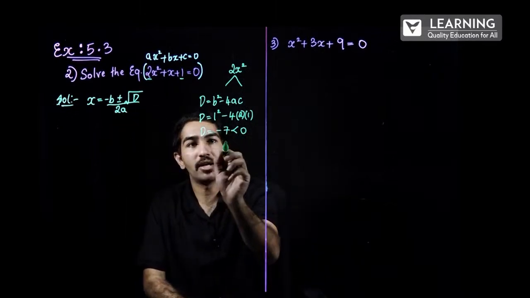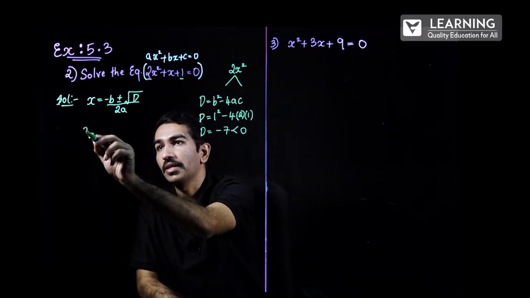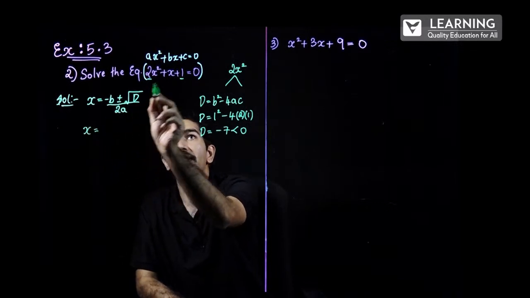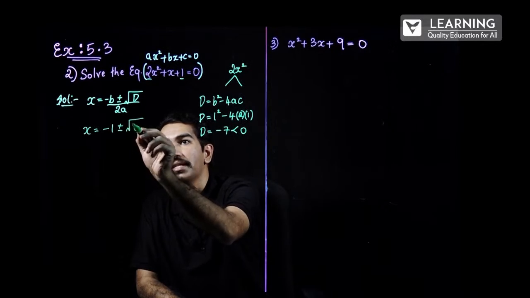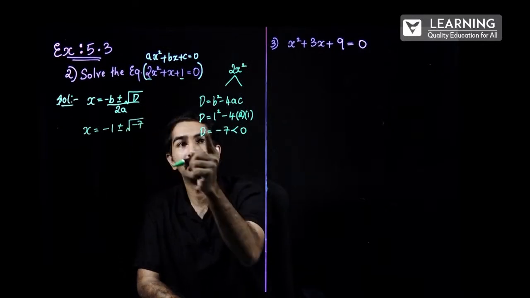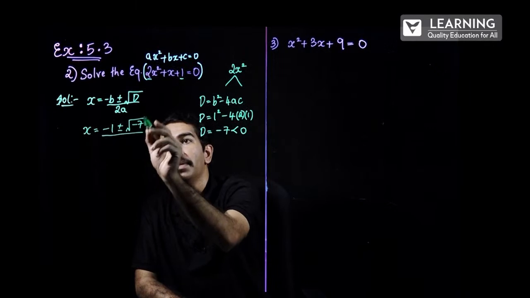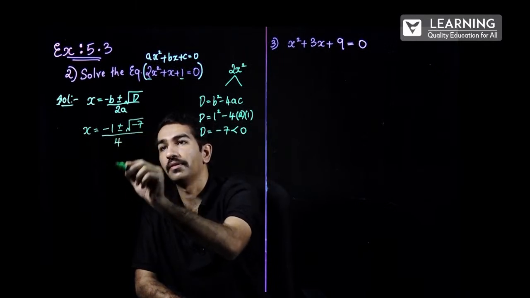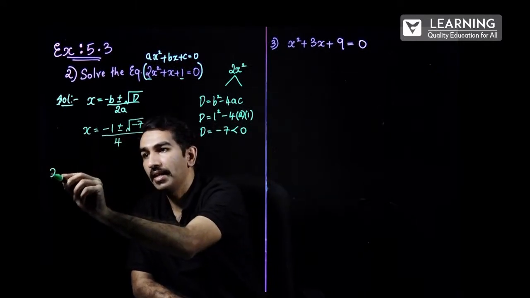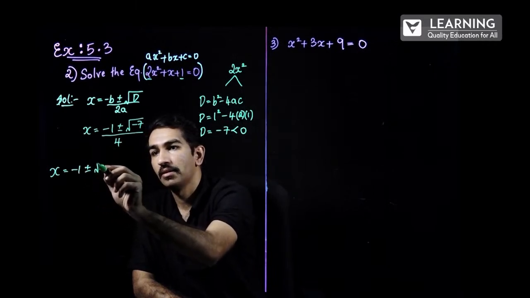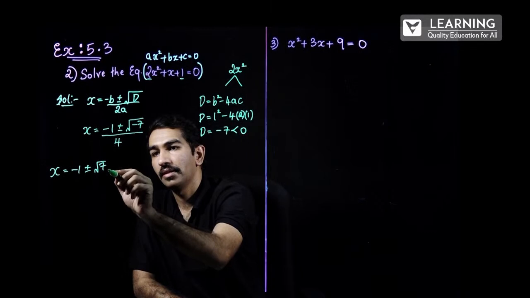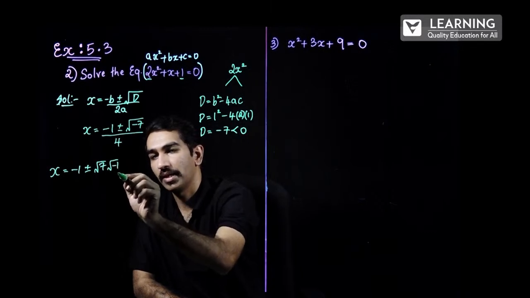So d we already got as minus 7, correct? So substitute here, x will be equal to minus b, that is minus 1, plus or minus root of minus 7, the value of d, the whole divided by 2 into 2, which will be equal to 4. So here what can we write again? x is equal to minus 1 plus or minus root of 7 into root of minus 1, correct?